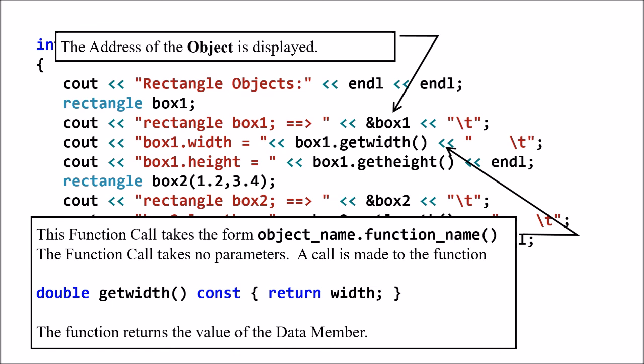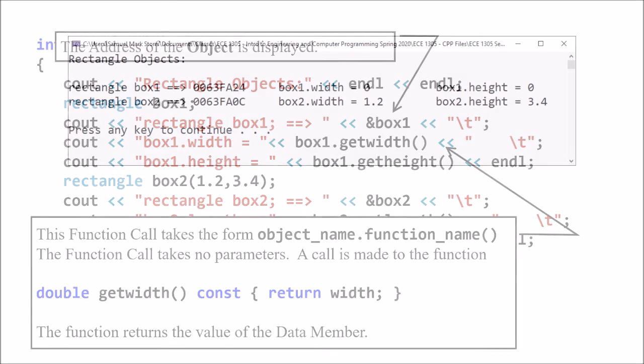In this case, when that number is returned from the function call, it is simply printed onto the screen, and then it tabs over, and there's another function call on the line right below it to retrieve the height of the rectangle, and it's very similar to the description for retrieving the width.